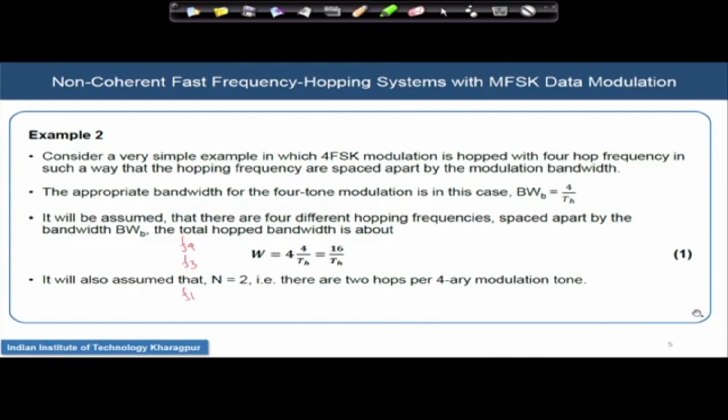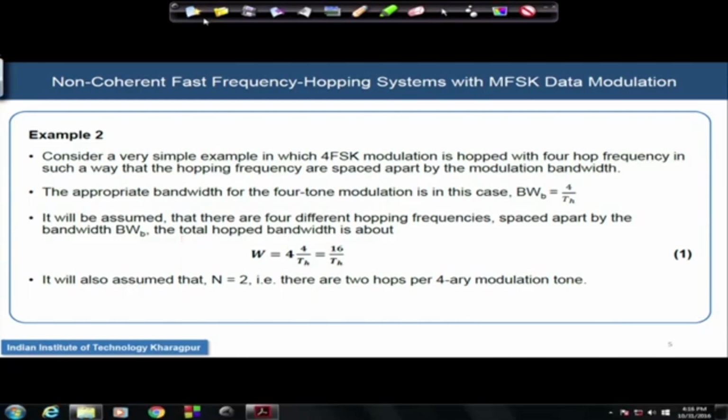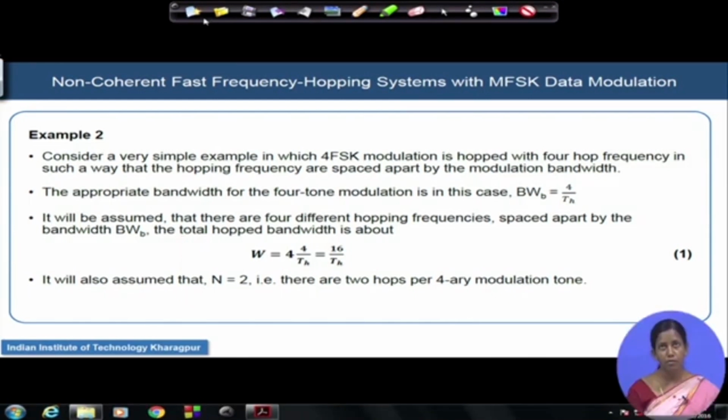Example 2, now we will talk about the fast frequency hopping system. With the help of an example, we will start once again to make the understanding clear. Remember again, we are starting with a 4 FSK modulation scheme, and we have 4 hop frequencies.